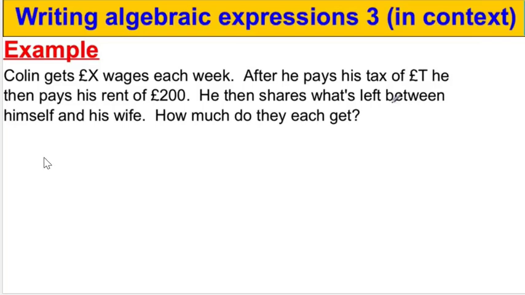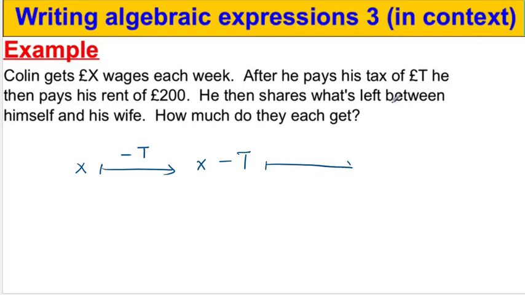Okay, we have to start with X and subtract T from it. So it would become X minus T, because it says after he pays his tax of T pounds. He then pays his rent of 200 pounds.